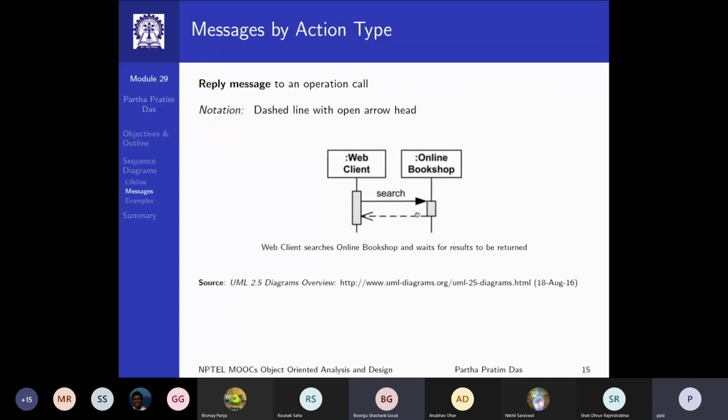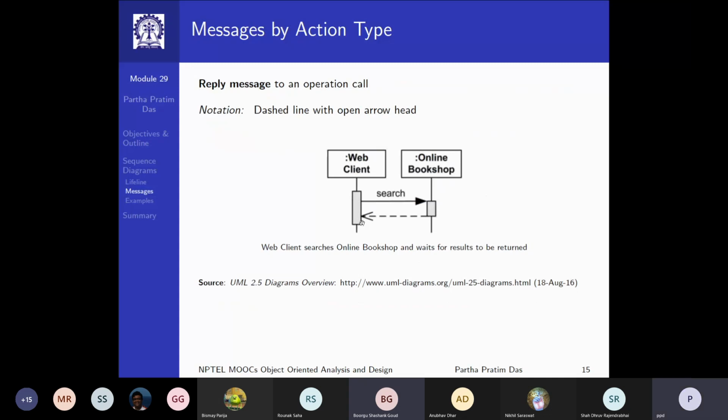And you can have reply message. Reply message is when, particularly in a synchronous call, when you send a request, you are waiting. So how long would you wait? For that, the online bookshop has to send a response back. It does the search and all, and then it sends a response back.